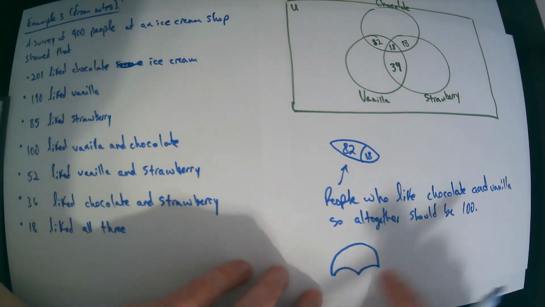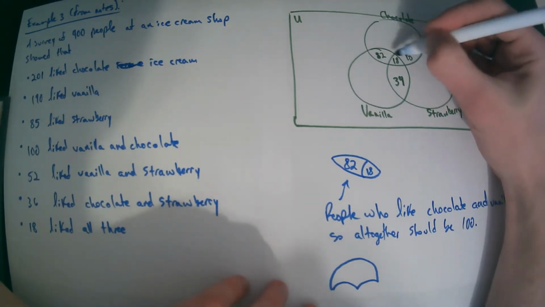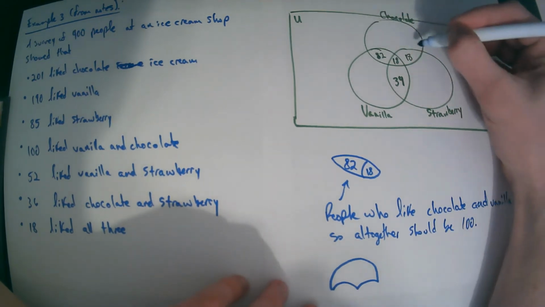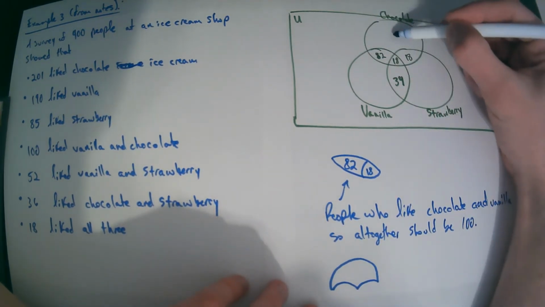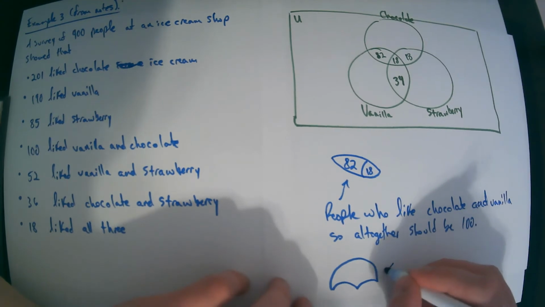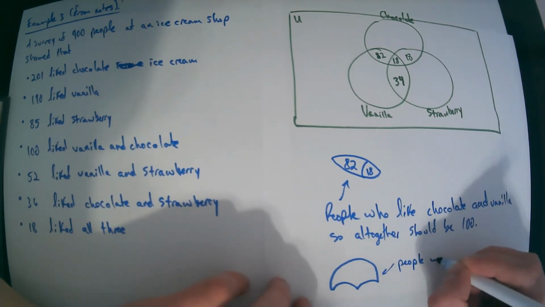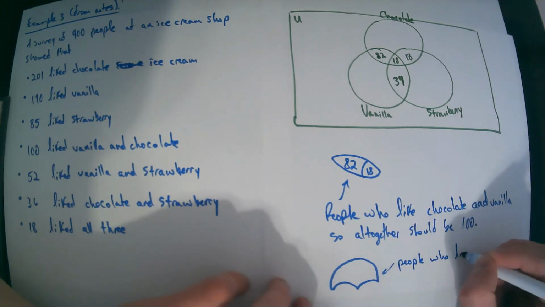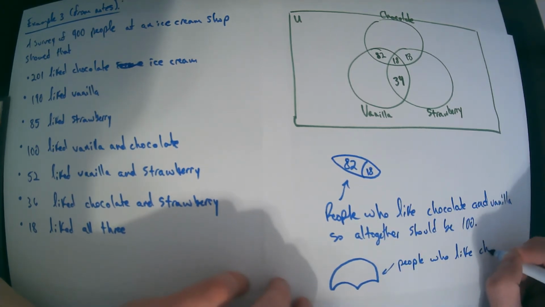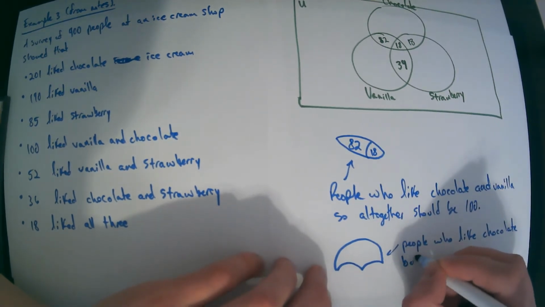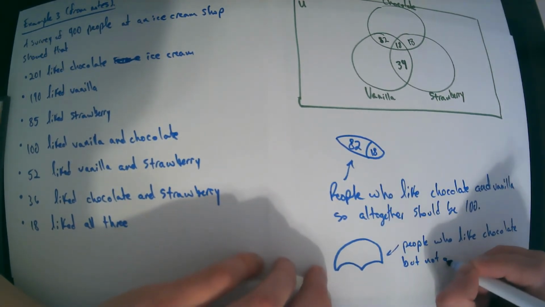That's not including these two or these three areas. So this thing here. This is people who like chocolate but not anything else.